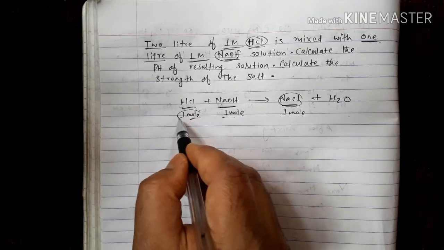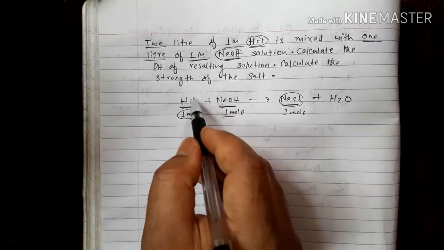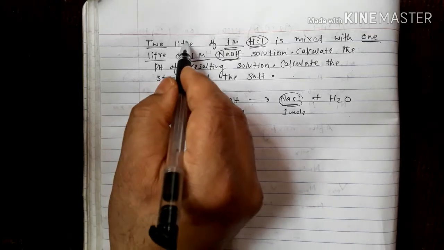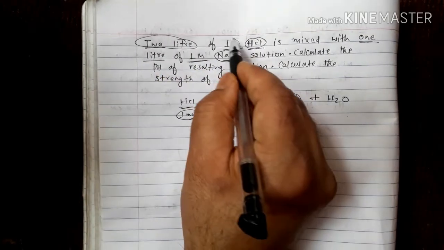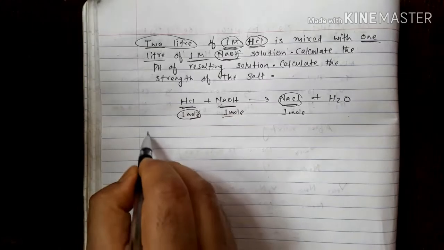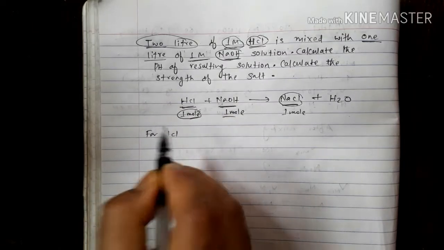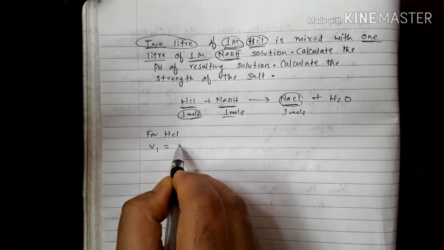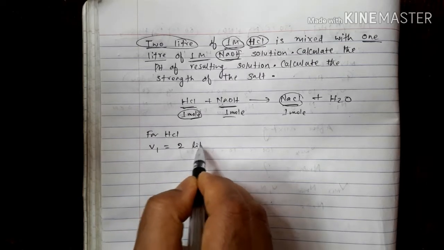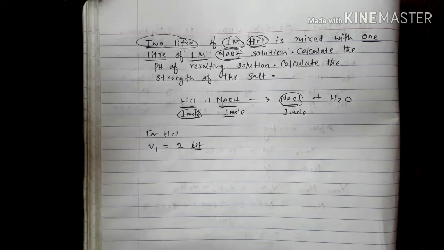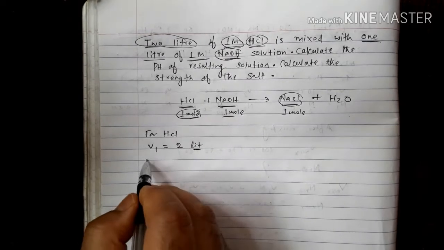Now to find the number of moles of HCl, you have the given volume of solution and molarity. Therefore, for HCl, volume is given as 2 liter. It is already given in liter. If not, then change ml into liter.